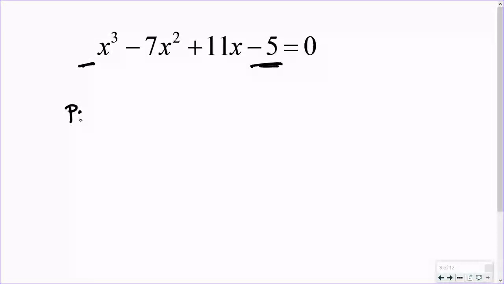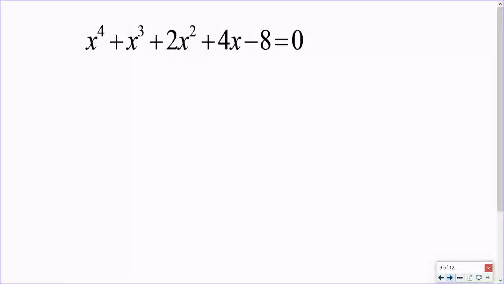So this one, possibilities: plus or minus 1, plus or minus 5, because this is 1. Again, I'm looking for the factors of negative 1, negative 5, and 1. For the next one, I got negative 8 and 1, so the possibilities are plus or minus 1, plus or minus 2, plus or minus 4, plus or minus 8.